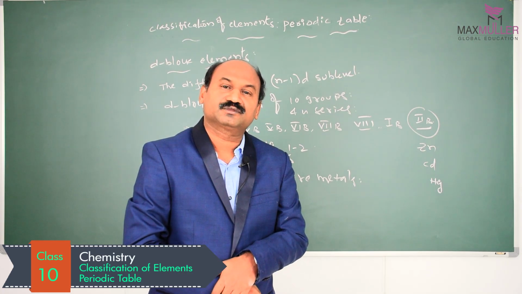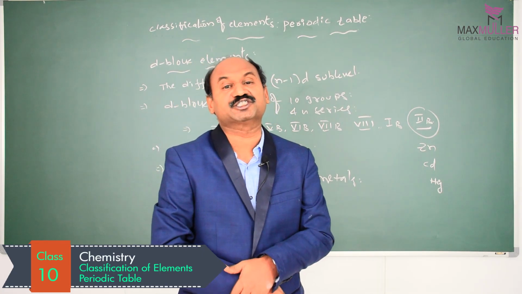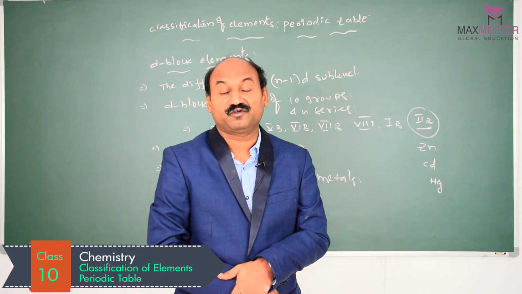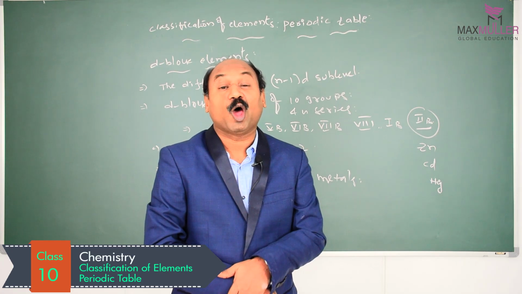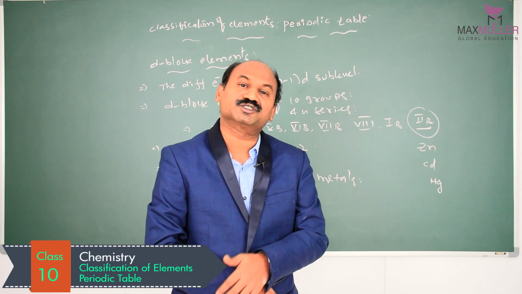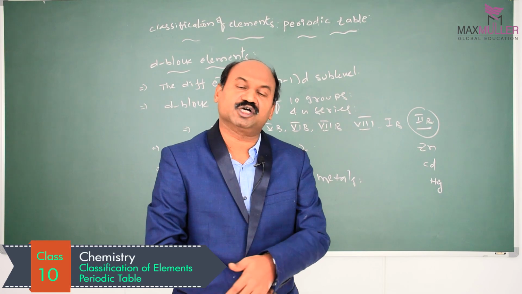These form colored ions mostly, and these exhibit paramagnetic nature. And these elements form alloys. You all know that an alloy is a homogeneous mixture of two or more elements, which may include metalloids and non-metals also.